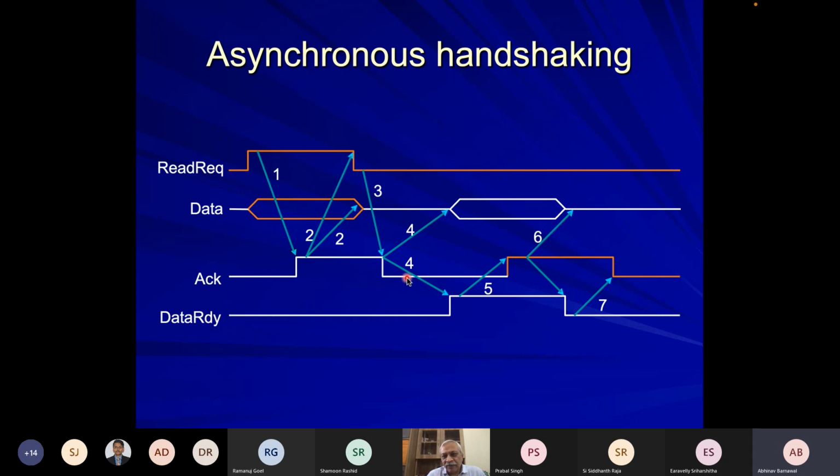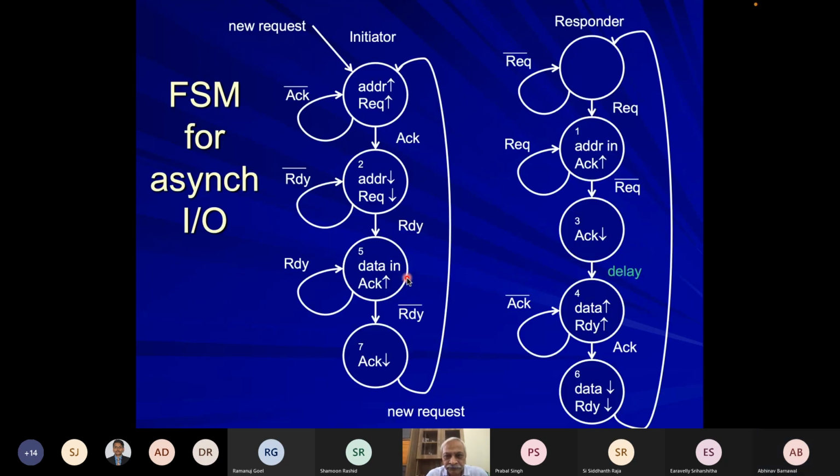Oh, okay. And also, sir, in the second stage, could you go to the next slide? Here, when it says the address has been released and then request has been put down, let's say it is not yet ready, so it comes to the second state again. But since the address has already been released, what is the meaning of the second stage now?